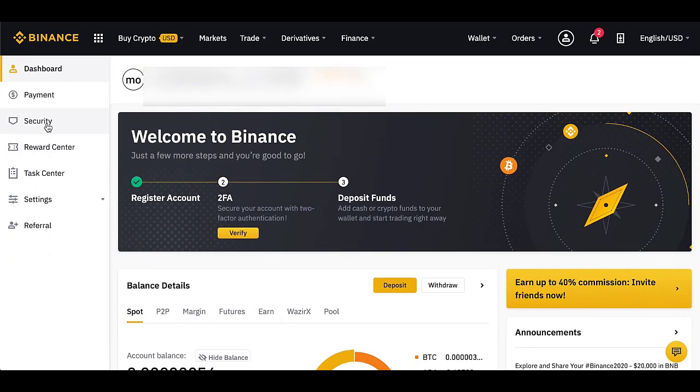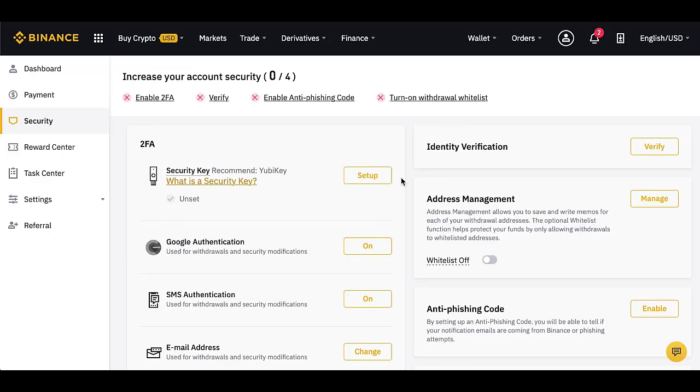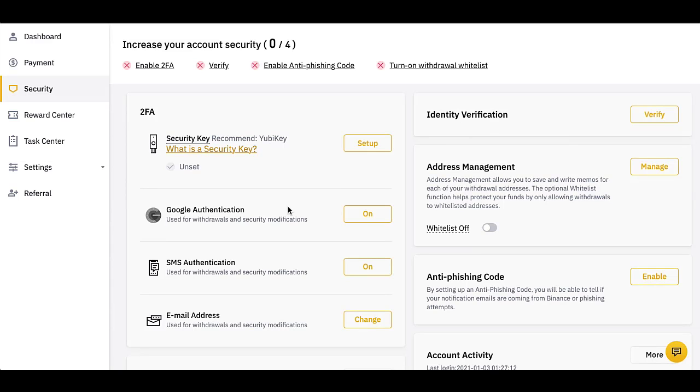But what I'm going to do is come to security, because there's a few things that we have to look through. This is where you can set up your two-factor authentication right here. And as I said, there are a few different options, either Google Authenticator or via SMS, email as well. Identity verification can also increase security on your account. Address management is also really important.